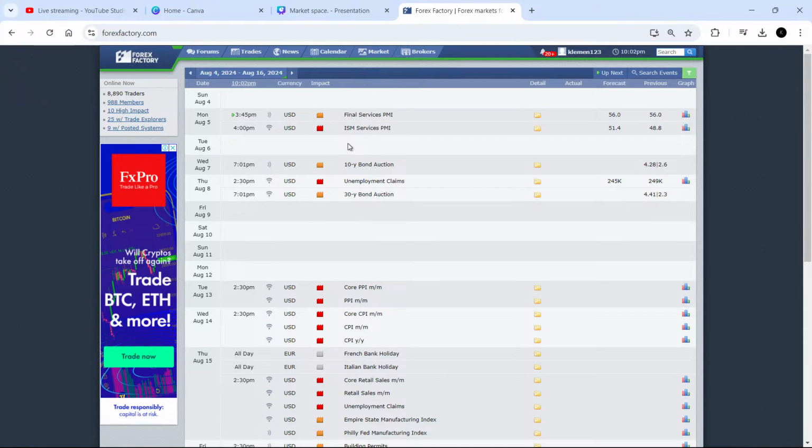After this we have on Thursday unemployment claims, and that's basically it. And those orange folders are not so impactful.